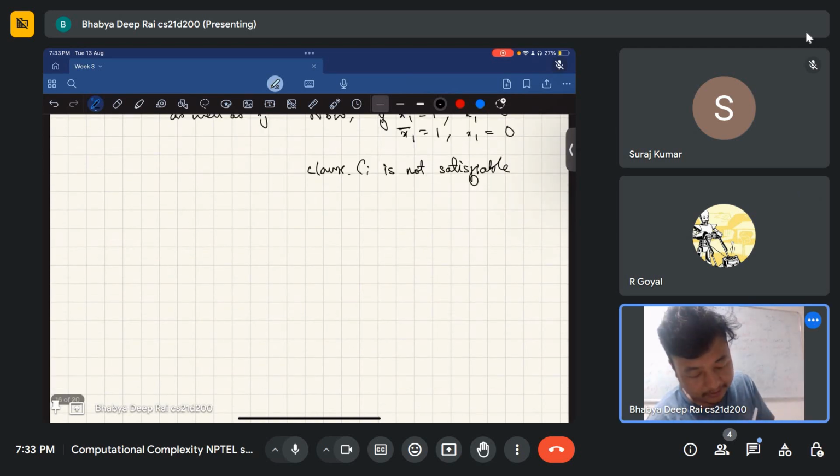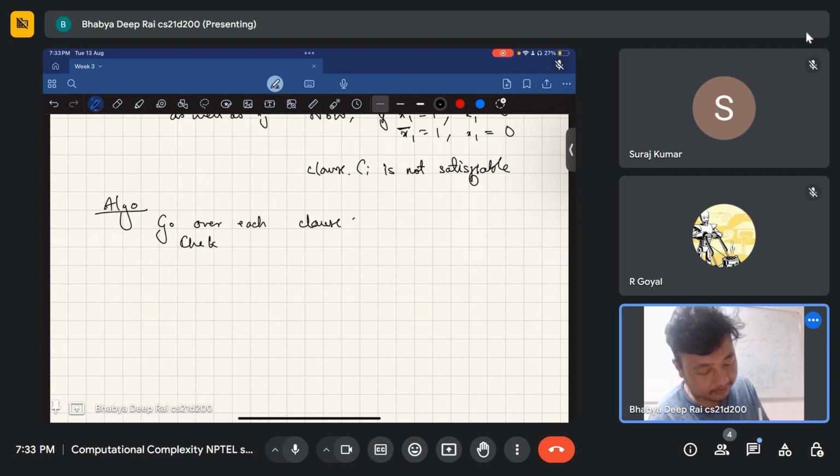Then what do I do? Now my final algorithm is as follows. Go over each clause and check if clause Ci is of the form case 1 or case 2.